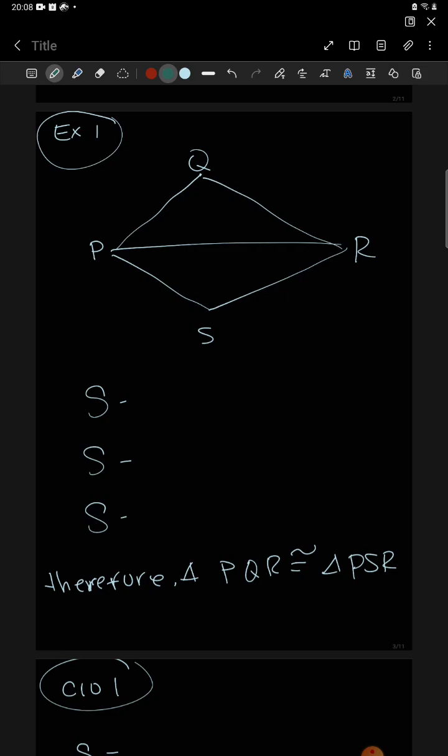Now remember, you're supposed to have matching, corresponding pieces in order. They started with the side of the red segment that touches the green one, so that's where you're going to have to start in the second triangle.